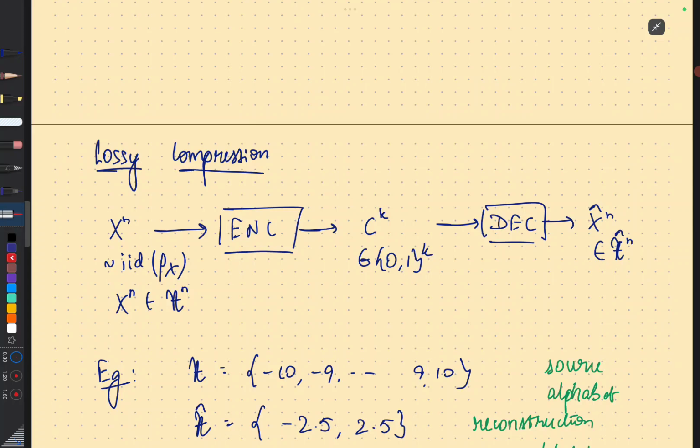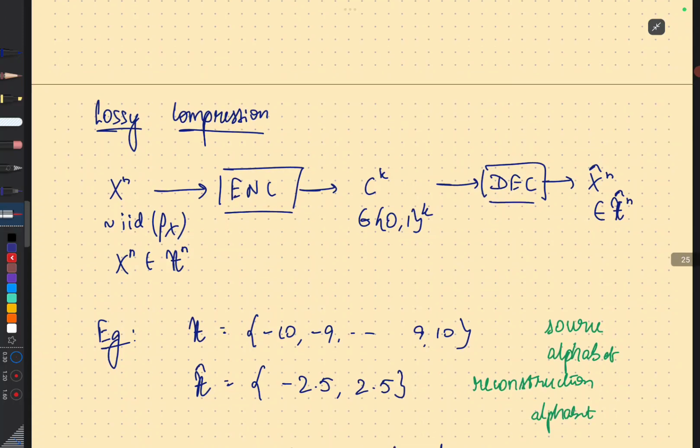Now note that whatever we have done so far, we have designed a fixed length lossy compression scheme. The rate that you can achieve using this fixed length lossy compression scheme can also be achieved using a variable length lossy compression scheme, right? Because in expectation, you want the rate to be equal to r. Now I'm fixing the rate to be equal to r all the time. So the variable length lossy compression in that sense would be a generalization.